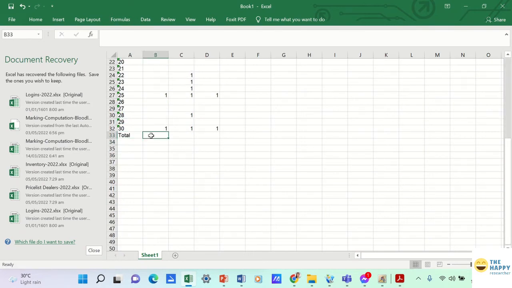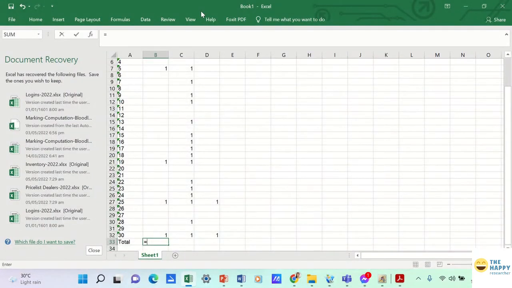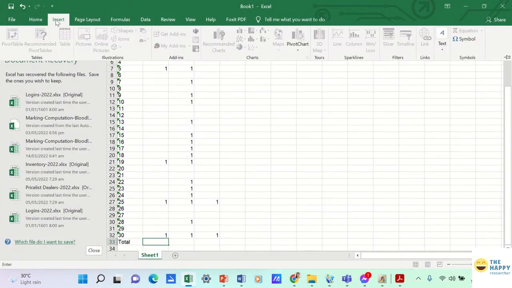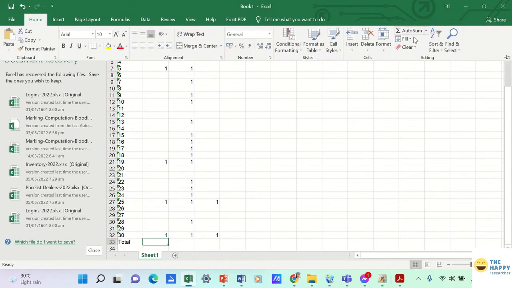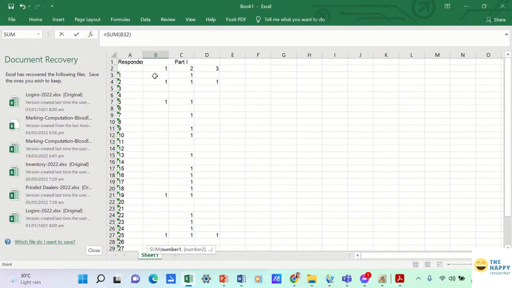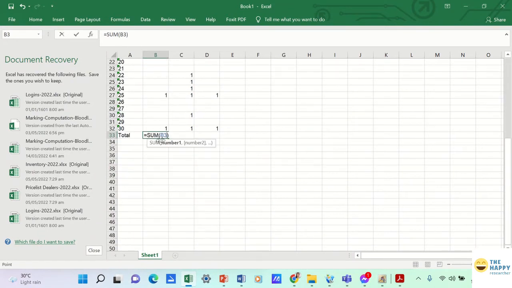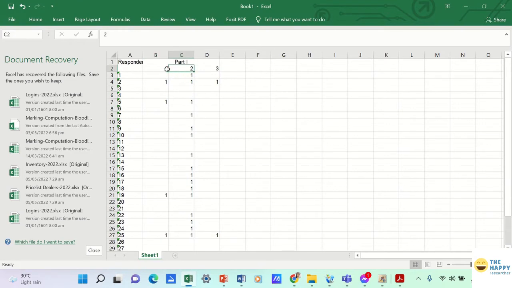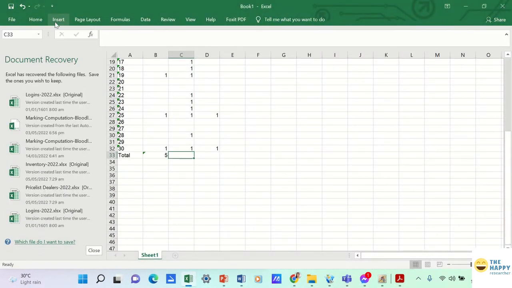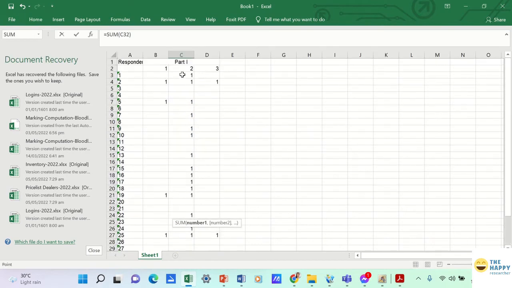For question number one, using the sum function, AutoSum, we will generate the frequencies of those who got a correct answer. As you can see, there are a total of 5 respondents who gave the correct answer for question 1.